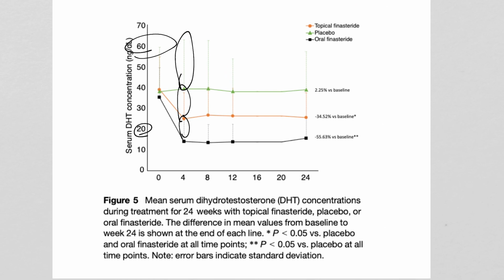And part of this is just demonstrating that DHT isn't the whole story when it comes to androgens or sex hormones. The amount of testosterone itself matters too, and there's even some evidence that for people that are taking these drugs, they might get an increase in free testosterone, and it really is just a matter of how much of it is still converted to DHT once it actually enters target cells.